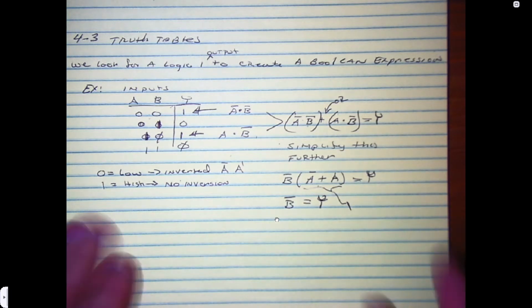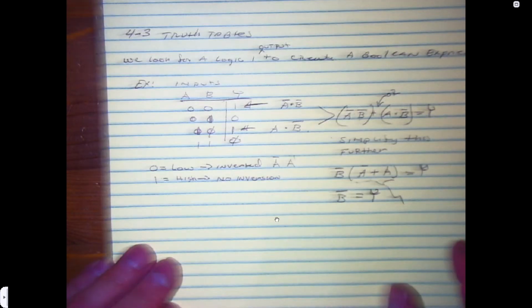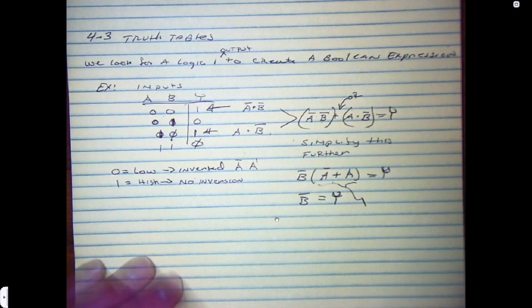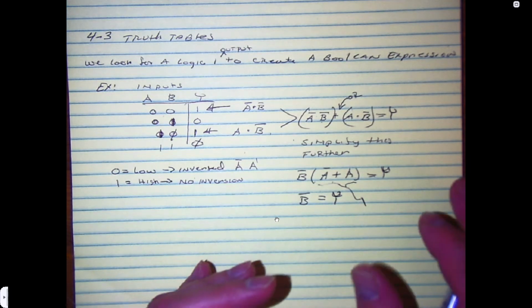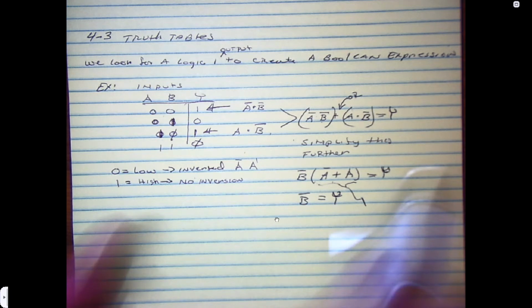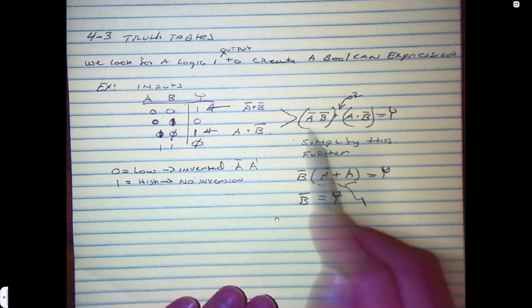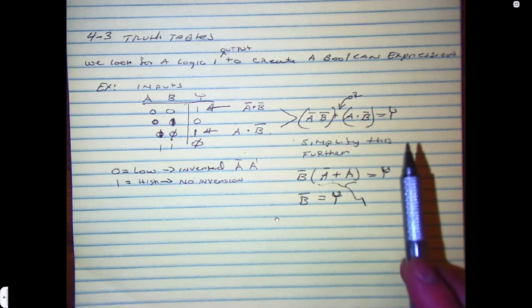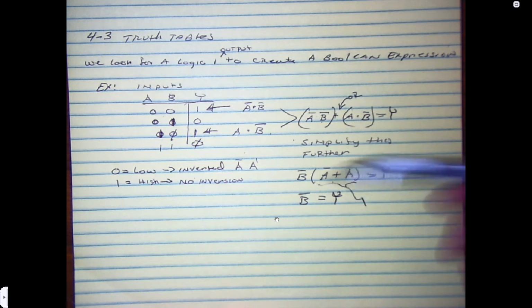Let's do one more, and I'm going to try to bring up another lecture video on Boolean algebra so this gets a little more clear. But if you had to create these things right now, before we actually get deep into Boolean algebra, I would accept this as a correct answer for now. Eventually what you'll be learning is how to actually simplify these down.